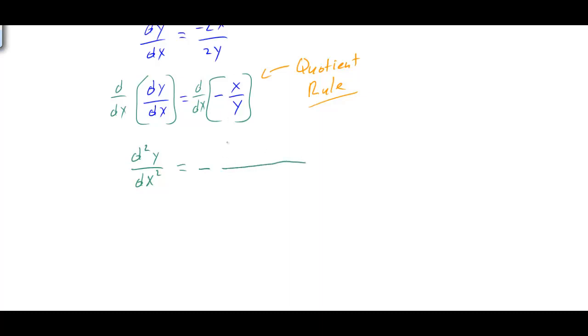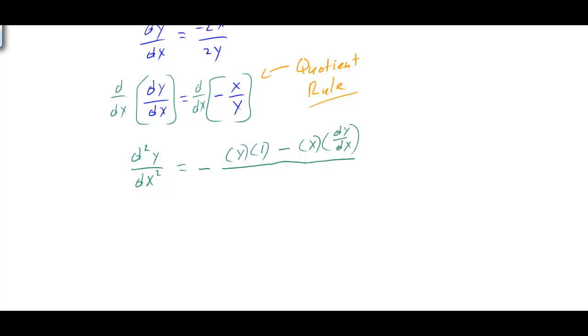The quotient rule says then we're going to take the bottom piece, which is the y, and multiply that by the derivative of the top. So the derivative of x would simply be 1, minus the top, which is x, times the derivative of the bottom, which would be 1y, or dy dx.